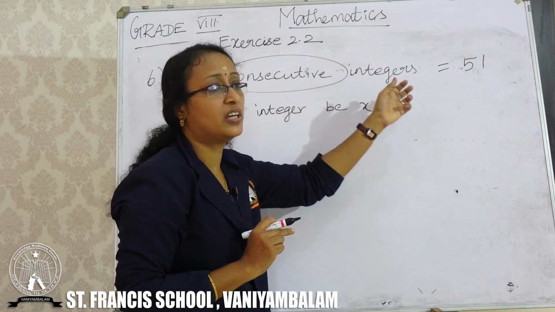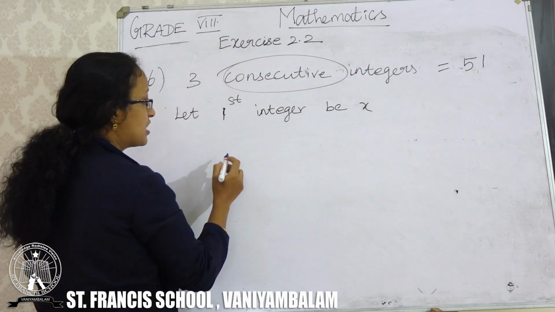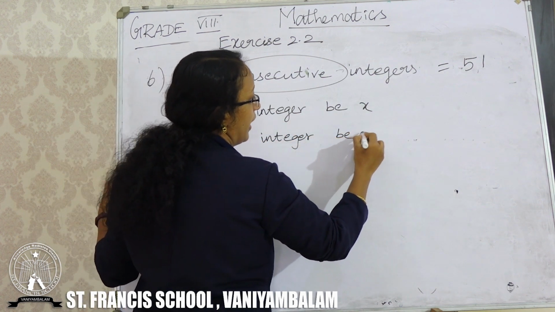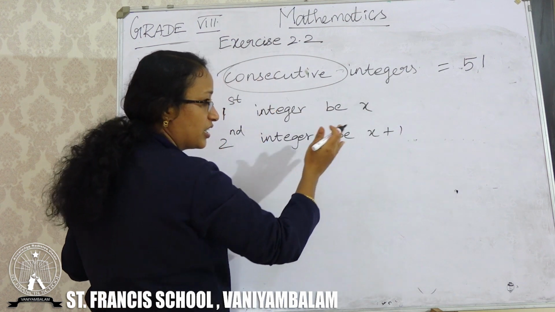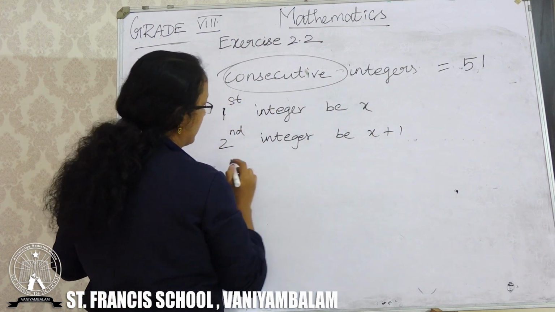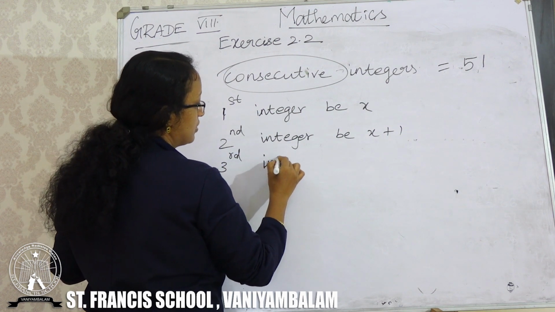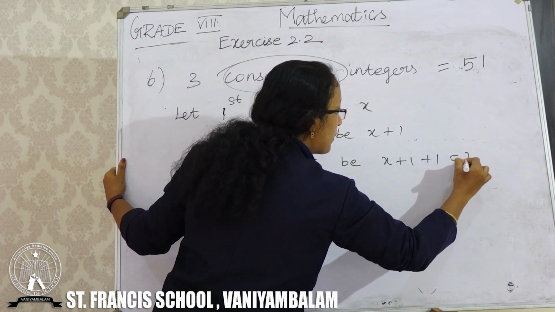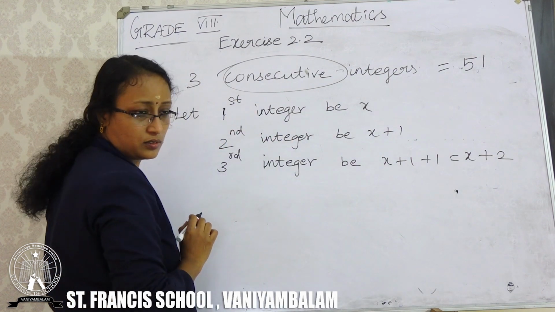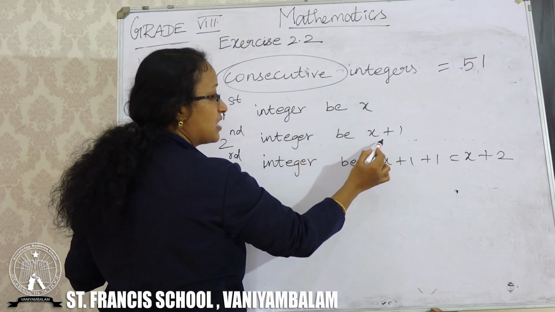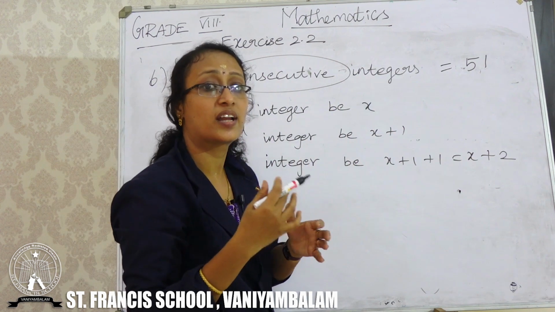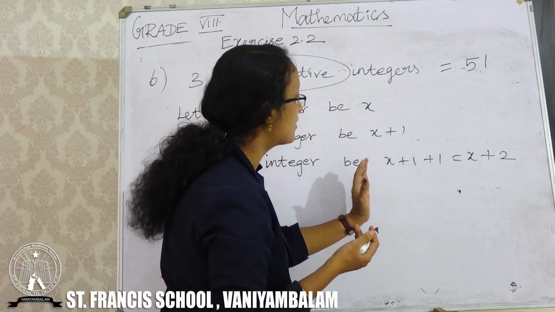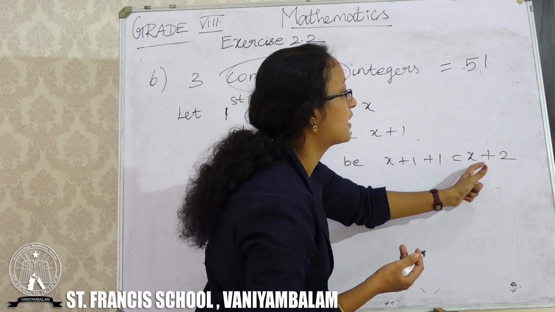So if the first integer is x, what will be the second integer? Obviously it is x plus 1. Then what will be the next? The successor of x plus 1 is x plus 1 plus 1, which is nothing but x plus 2.